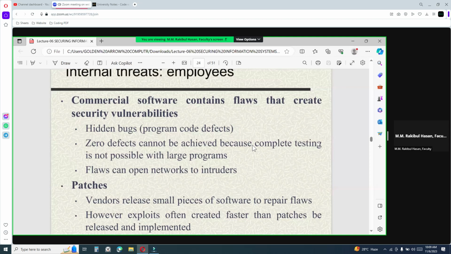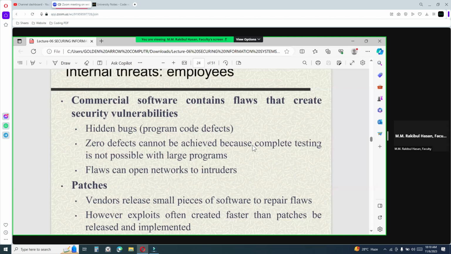All right, what I'm saying is, when a popular software comes into the market, think about Microsoft Office Word. A number of people use this software, isn't it? Hackers usually target this kind of software. They try to identify the bug, and so far a number of attacks have been initiated through Microsoft Office Word. So the development company, Microsoft, after launching the product, is still searching and testing whether any bug or problem is available.